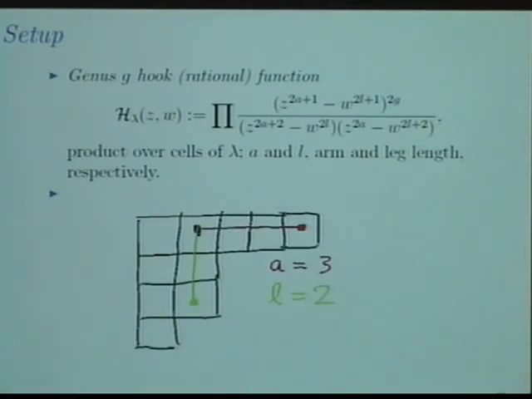So you take the product over all the cells in this partition of this rational function. And in some ways, which I would still like to understand better, this thing that we take the product of is like a caricature of the zeta function of the curve. And in fact, in a further elaboration of this, we would actually like to put in there the actual zeta function of the curve.